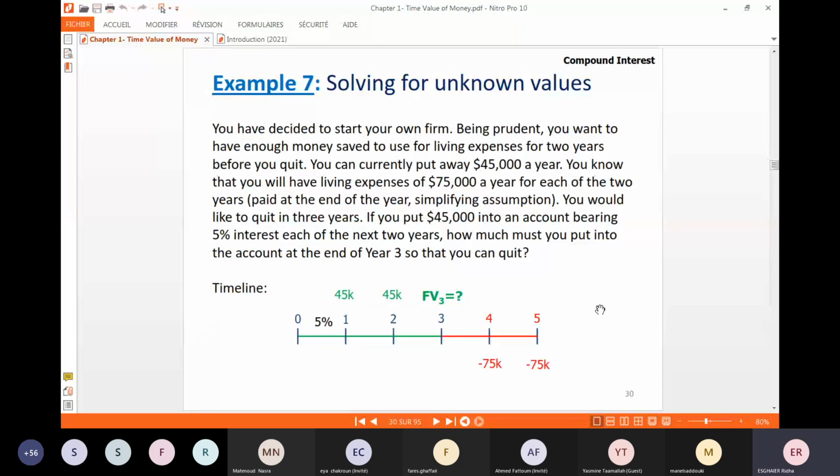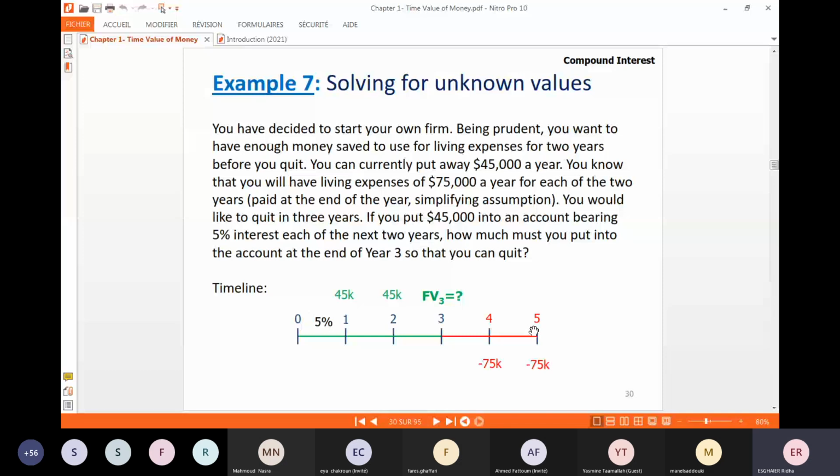So to be able to make the sum of these 3 and subtract these 2 to get 0, we say that the sum of what we will obtain is equal to the sum of what we will pay. We first need to compute the value of all what we will receive and all what we will pay at the same date. In general, the date is the current date today.